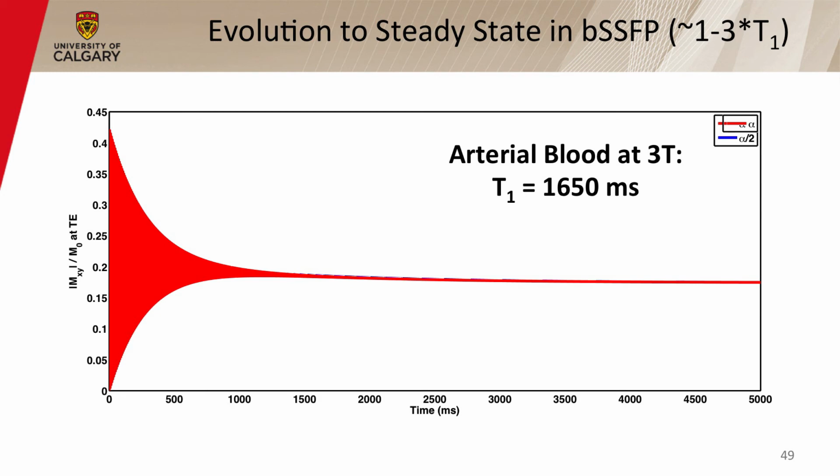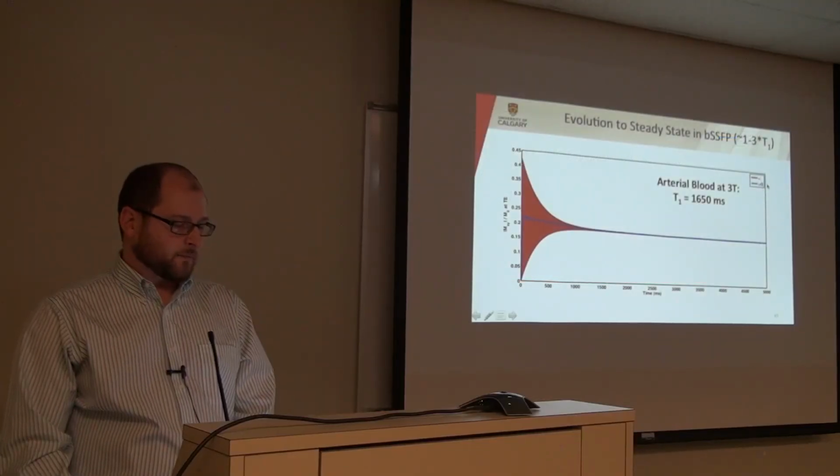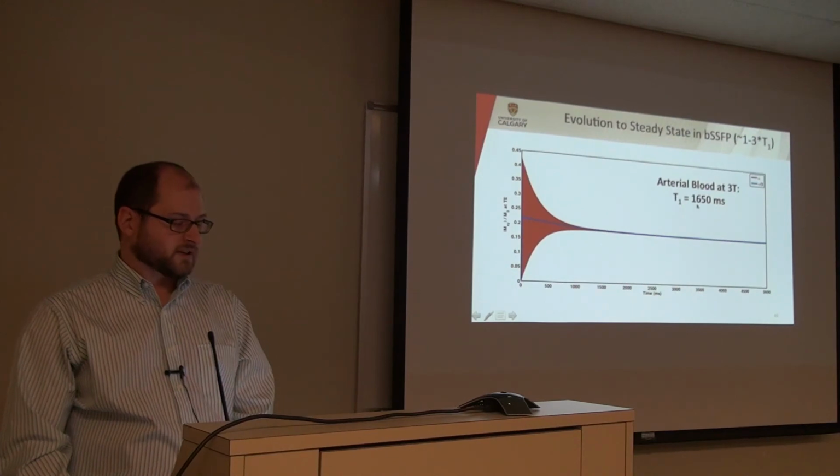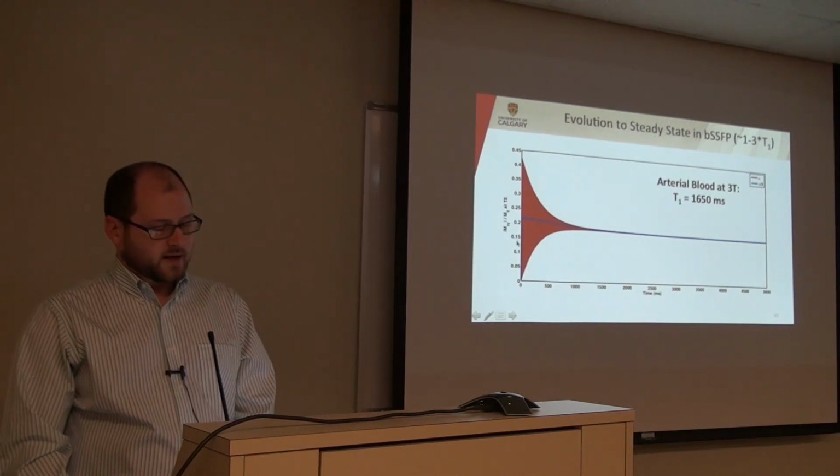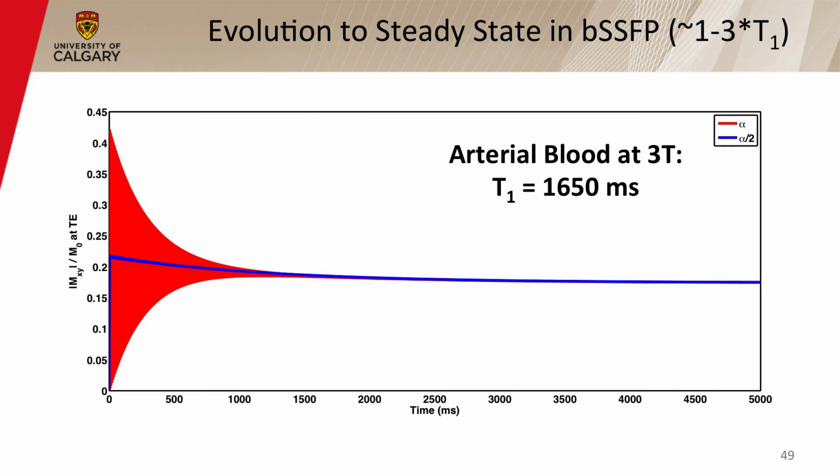Now, some of you may have seen papers where they talk about applying this alpha over 2 pulse. So instead of applying just alpha, minus alpha back and forth, they start by applying an alpha over 2 pulse. And what that does is it actually reduces these initial oscillations.